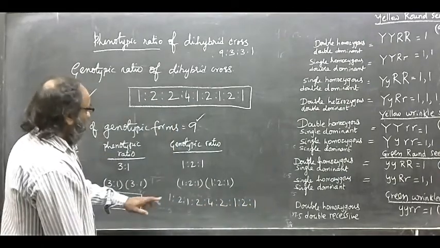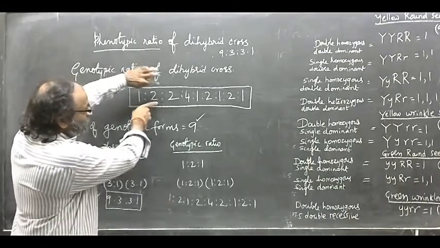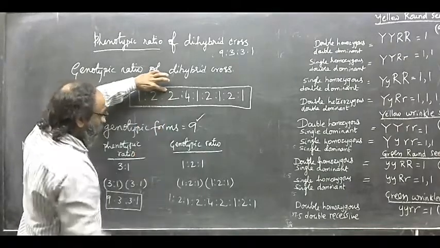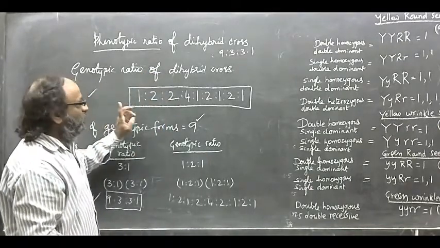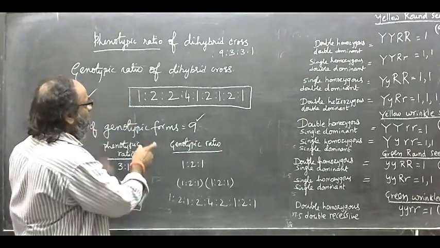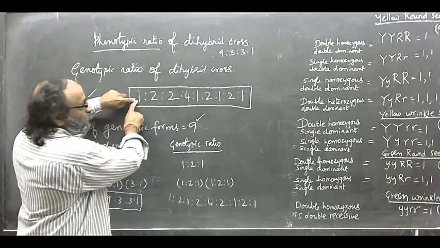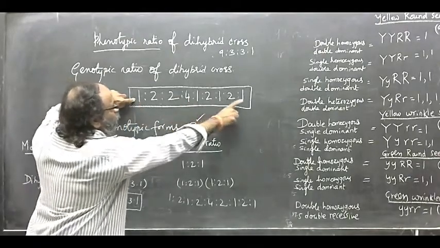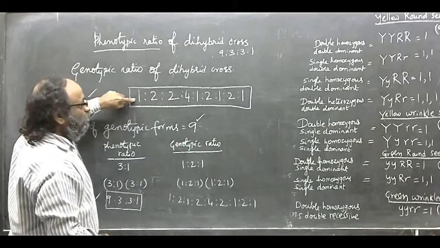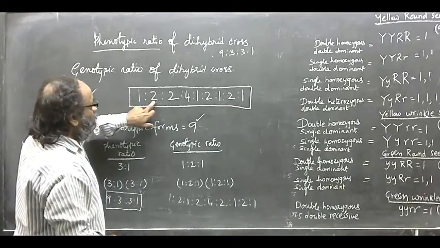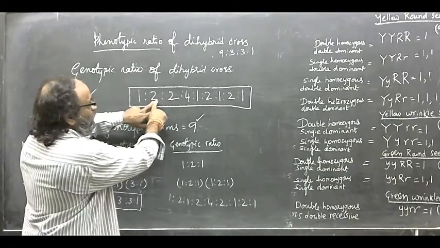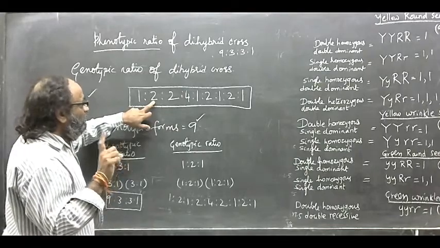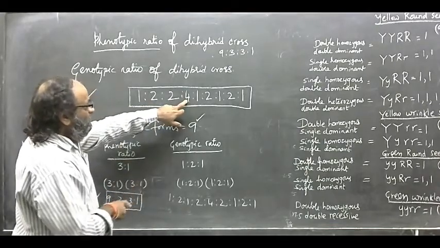You cross check, there is no hard and fast rule that you should get the genotypic ratio in this sequence only, but you should take care that there should be 4 genotypes with 1, 1, 2, 3, 4, and 4 genotypes with 2, 1, 2, 3, 4, and therefore there should be only one genotype with 4. That you have to check.